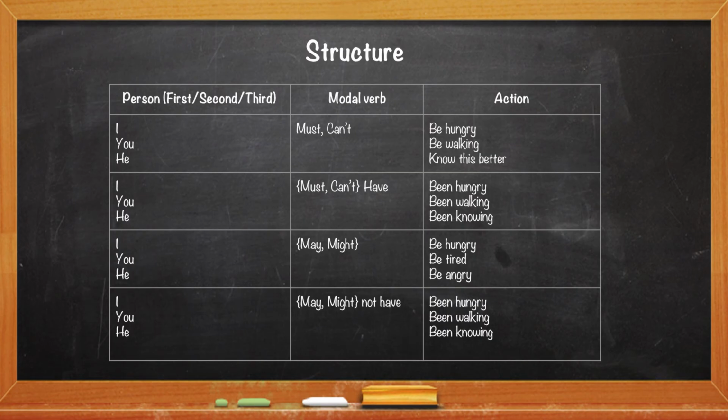He must have been hungry. He must have been walking. I might be hungry, be tired, be angry. You might be tired. He might be angry. I may have been hungry. You might have been walking. So, these are the common structures that are used with modal verbs.